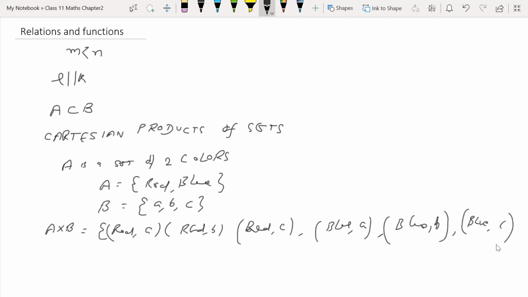There will be six distinct pairs, closed with curly braces. There are six different pairs from these two sets. There are two elements in one set and three elements in the other set, so there are six distinct pairs.